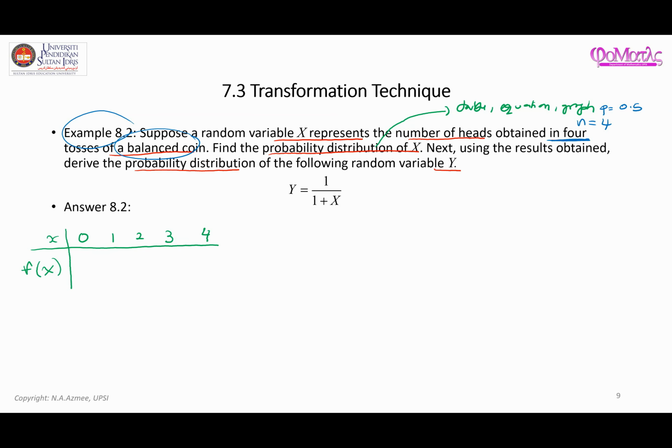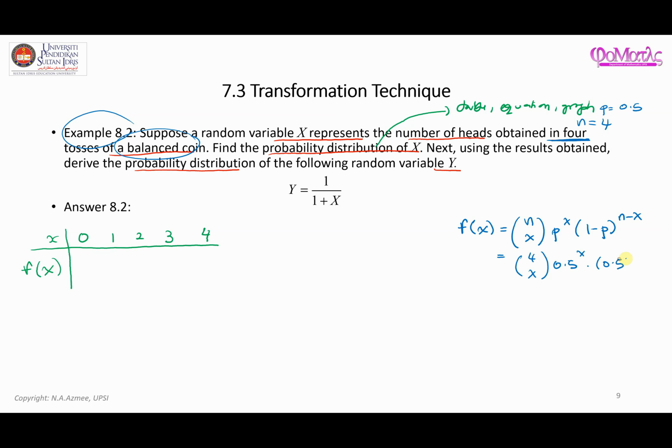Based on this, we have seen that the binomial distribution function looks like this, and that can be further simplified if you substitute n with 4. So here we have 4 choose x. What is p? p is 0.5 in this case. What is 1 minus p?